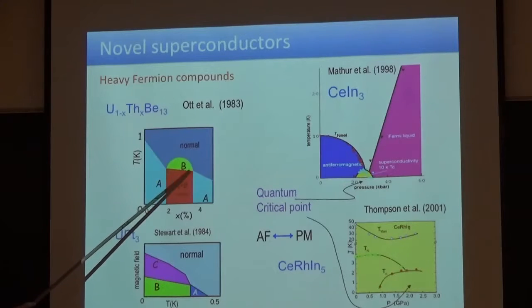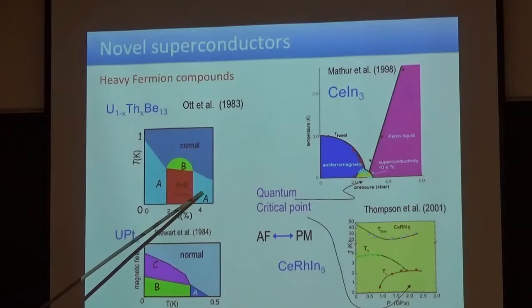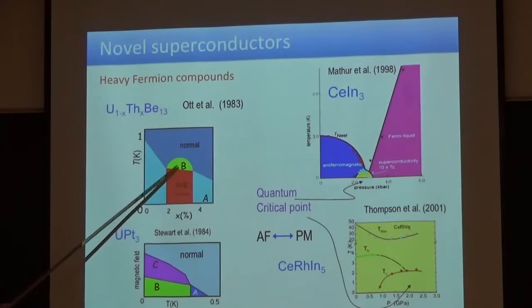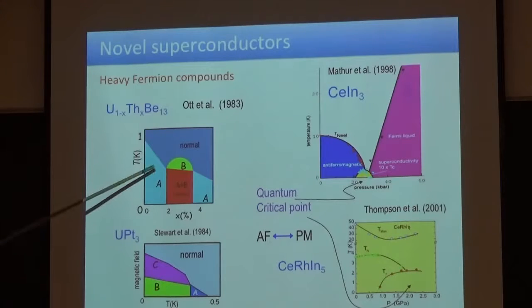You get another dome with a second phase transition here, and then you go back to probably this phase which I call here A. This red phase, which breaks time reversal symmetry, is presumably in a superposition of two different superconducting phases. So here it was already clear that we cannot have simple BCS type superconductivity. This would not allow for such a complex phase diagram.